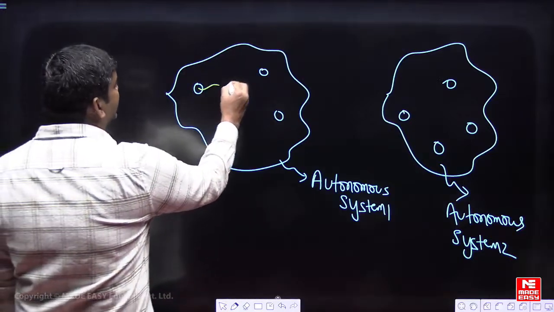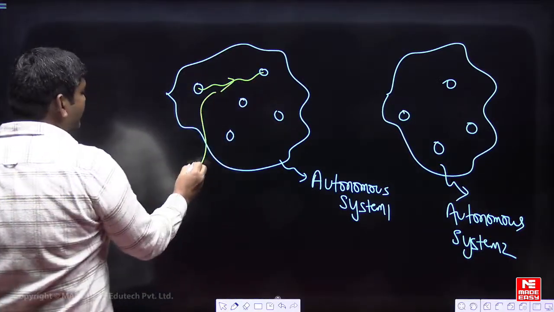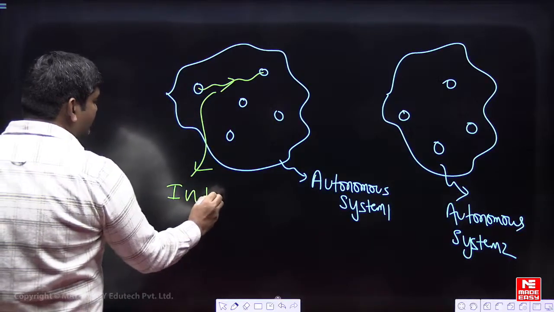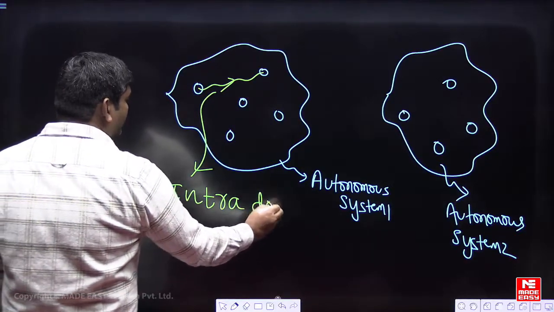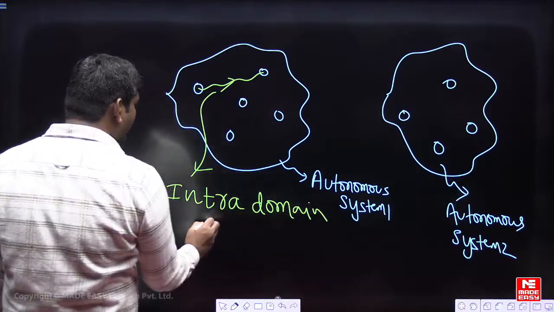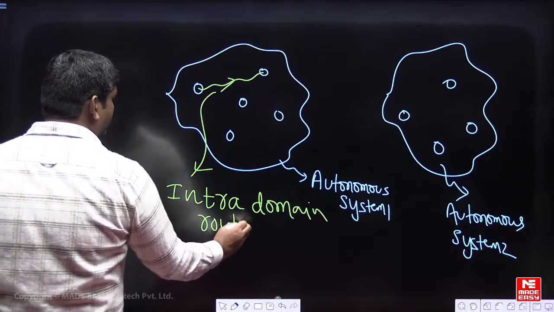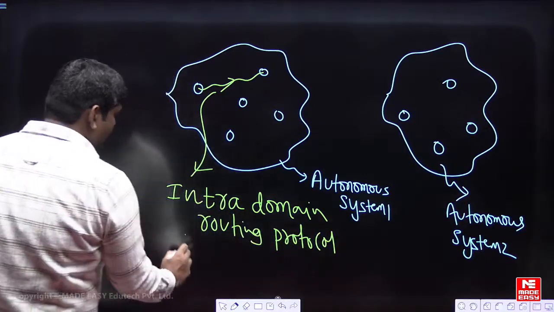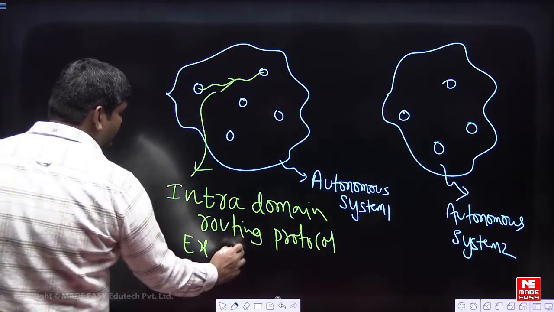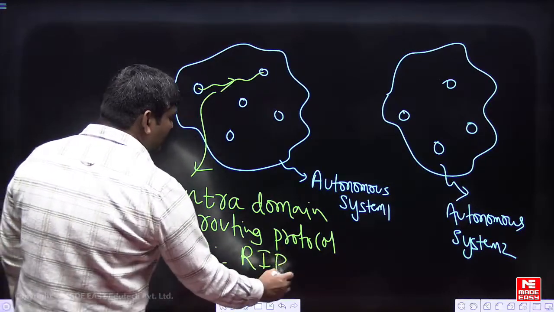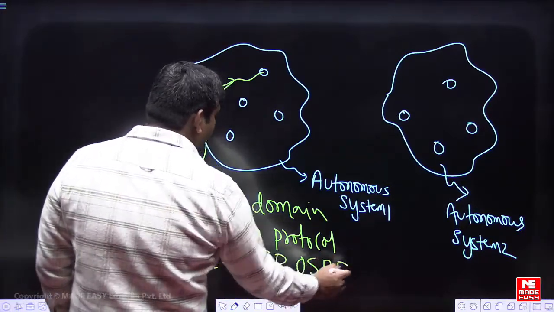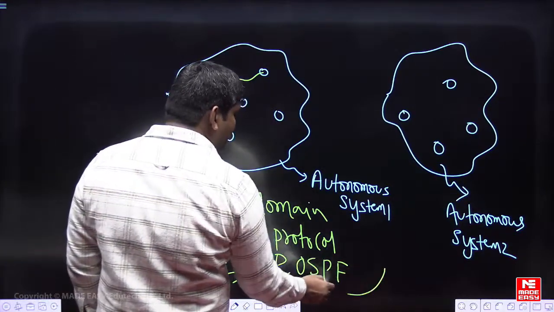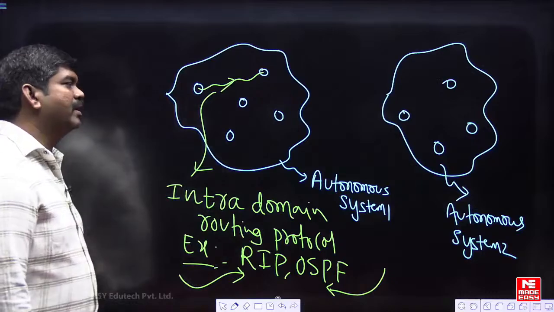A router in one autonomous system transmitting data to a router in the same autonomous system uses what they call an intra-domain routing protocol. Here you can apply distance vector or link state. The brand name protocols presently used are RIP and OSPF. If you are using RIP, you can apply distance vector routing. If you are using OSPF, you can apply the link state routing algorithm.